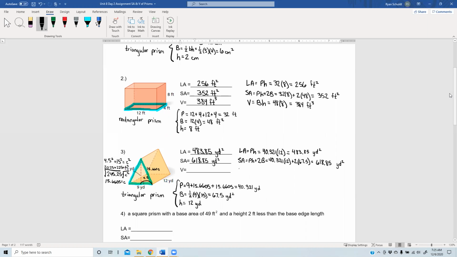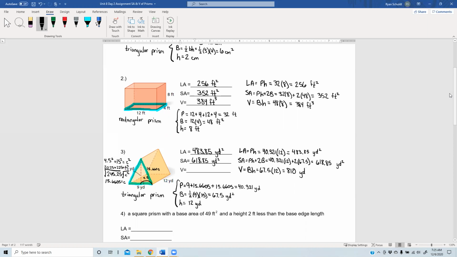And then for volume, we need big B times H. So big B is 67.5. H is 12. Multiply those together, you get 810 yards.